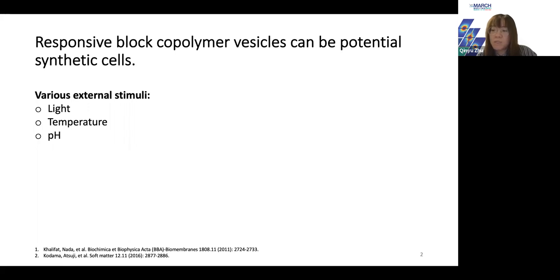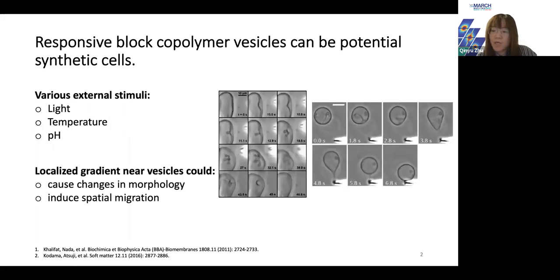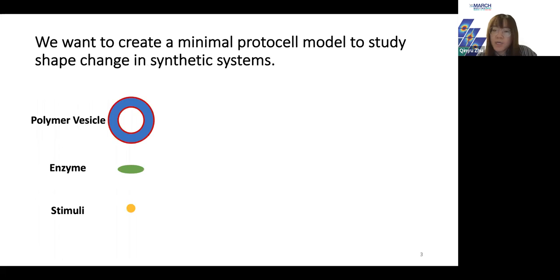The most commonly used ones include pH, temperature, and light. If we can keep the stimuli in a localized position, we might be able to observe localized deformation or spatial migration of the vesicles. In today's talk, we will focus on the study of localized shape change.